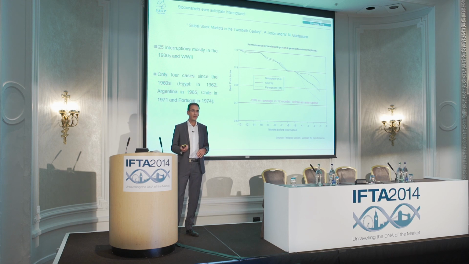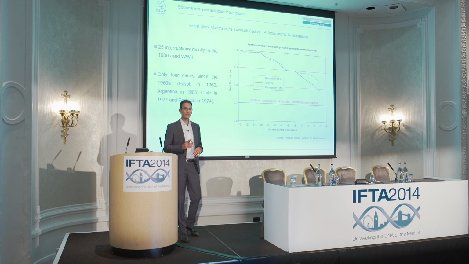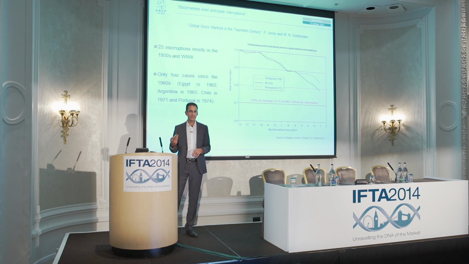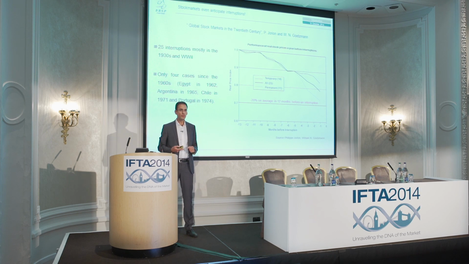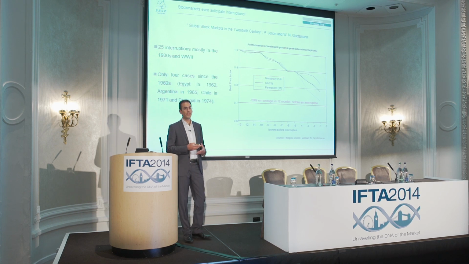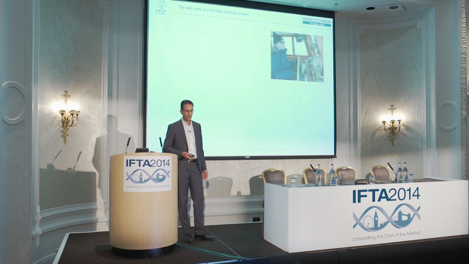Because on average, the market is down 20% before the stock interruption, on a year-to-year basis. This is the best proof that markets do discount a certain kind of black swan, because a market interruption is obviously a black swan. From one day to the other, you lose everything on the market.